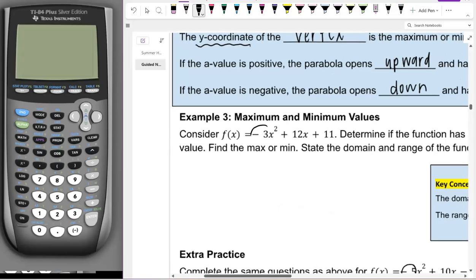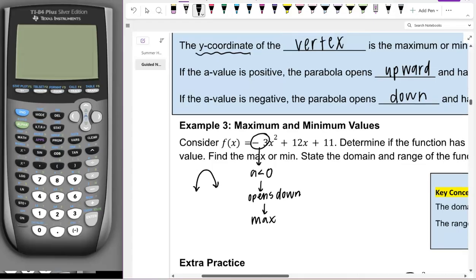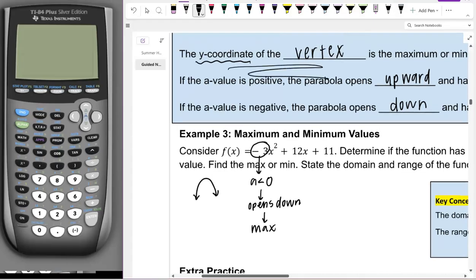This one has an a value that's negative, so that tells me that it opens down. And I could always draw a little sketch if I wanted to. So this one has a maximum, and in order to find the maximum, I know that the y-coordinate of the vertex is the maximum.